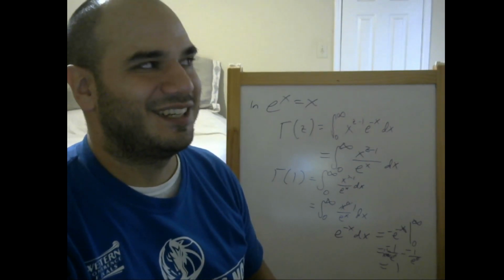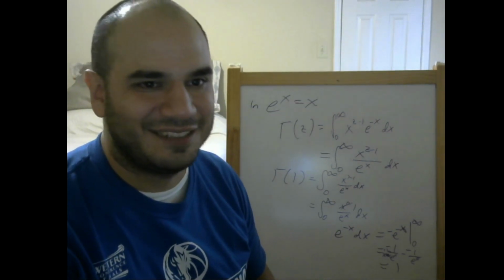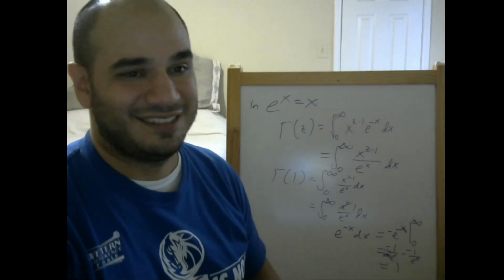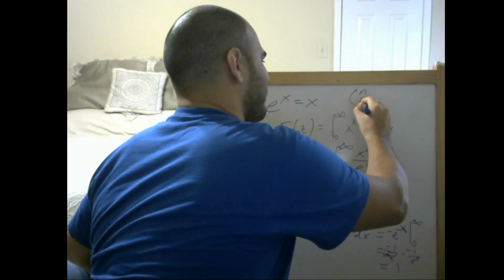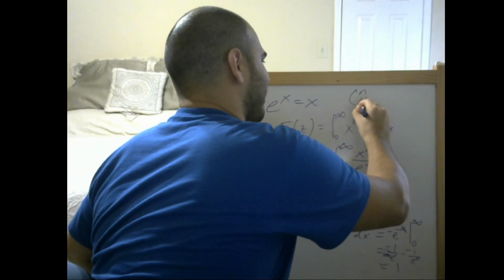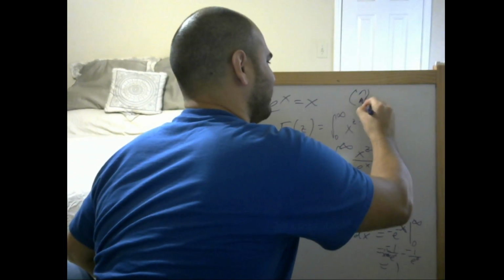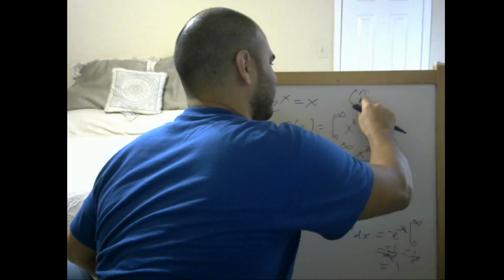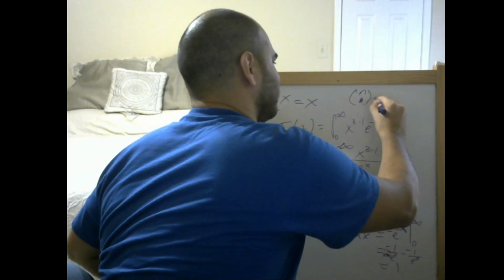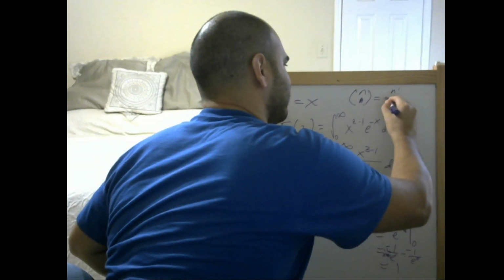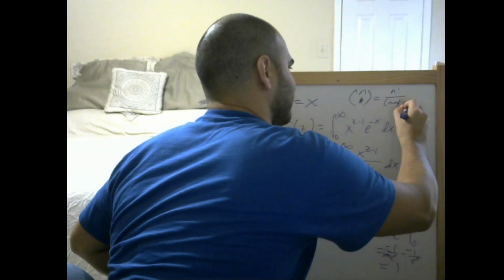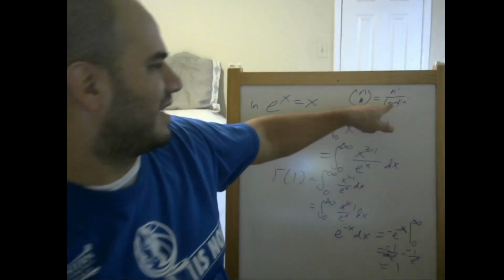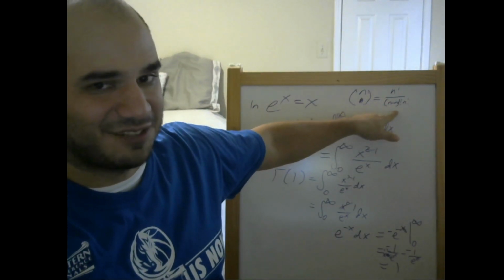So whenever you have n choose k, if k is equal to n, then you have n minus k factorial, right?